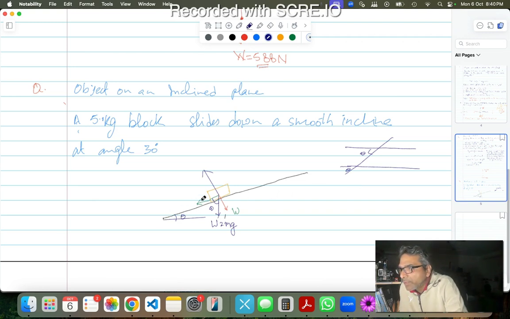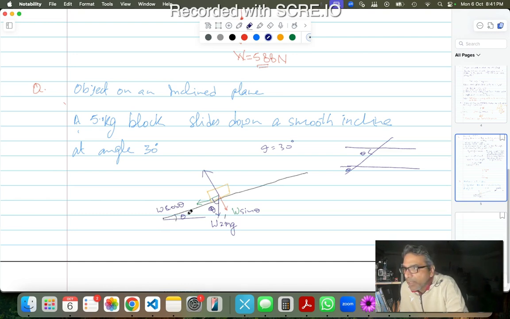And this line is cutting that thing. So now that's what I'm thinking. So here theta is going to be a 30-degree angle. And now this will be the W cos theta, and this will be the W sine theta. We need to check what angle they have given.